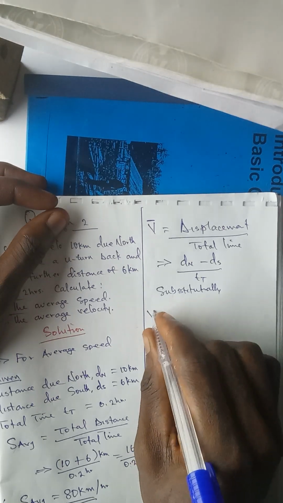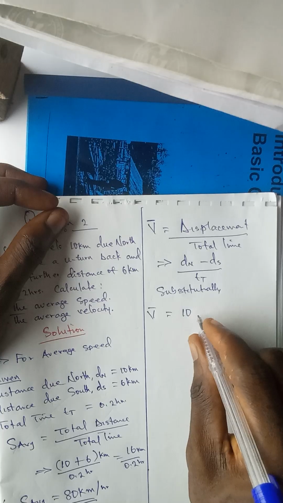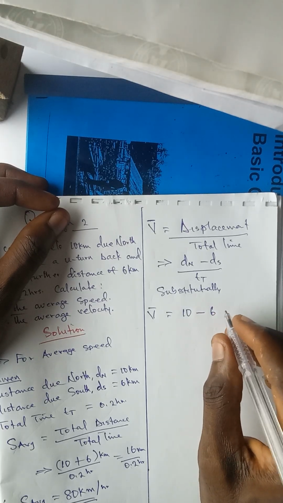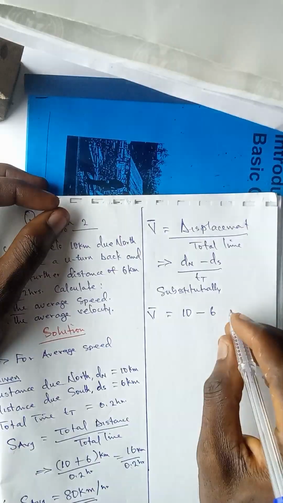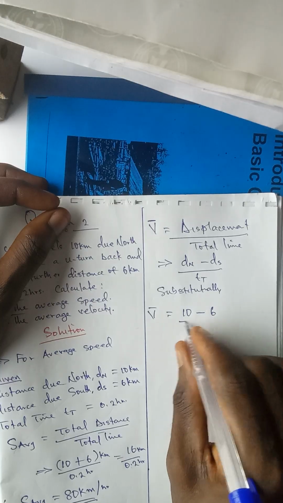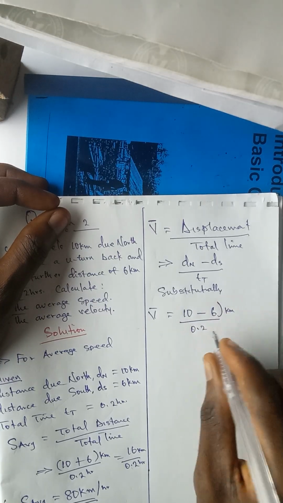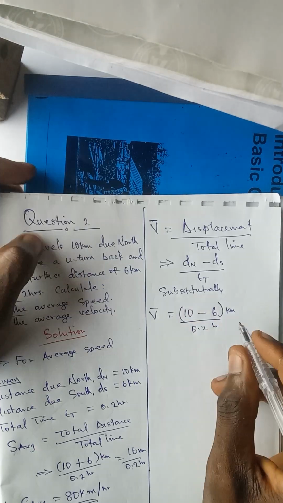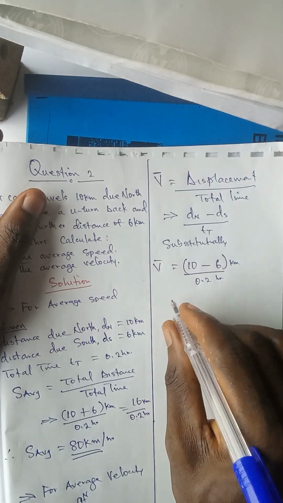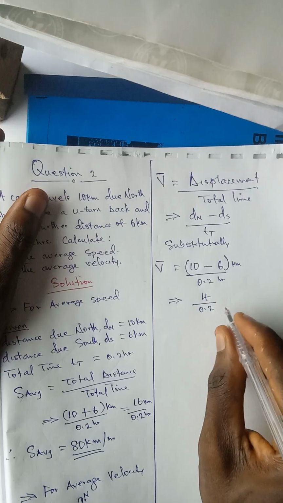So substituting, my average velocity equals 10 minus 6 all over my total time of 0.2 hours. This is in kilometers and this is in hours. From here, 10 minus 6 gives 4, all over 0.2.